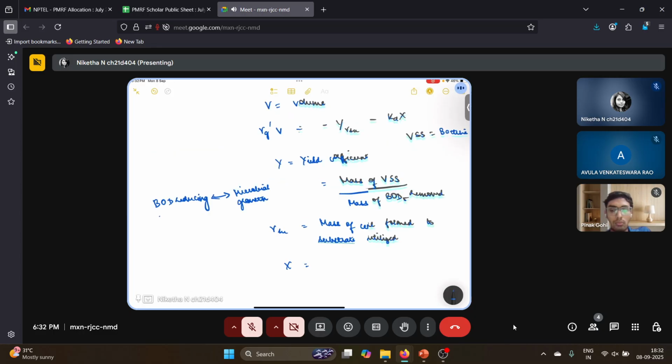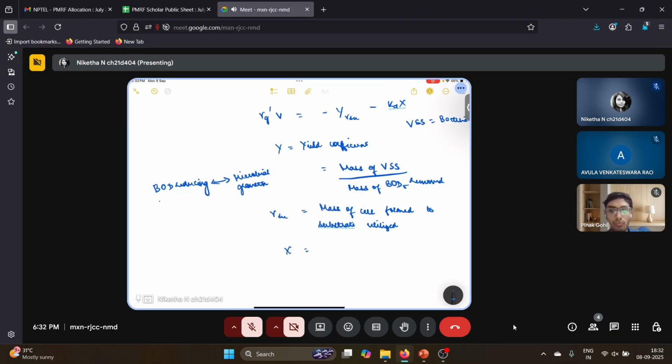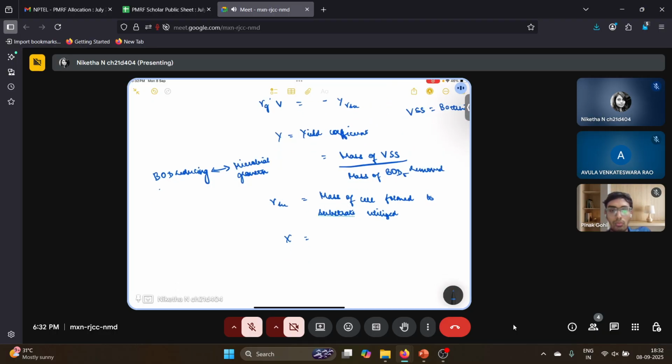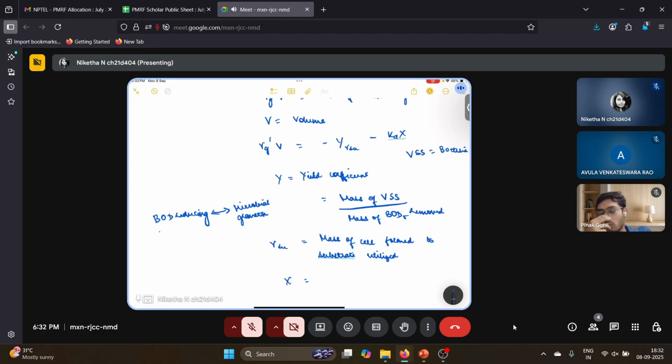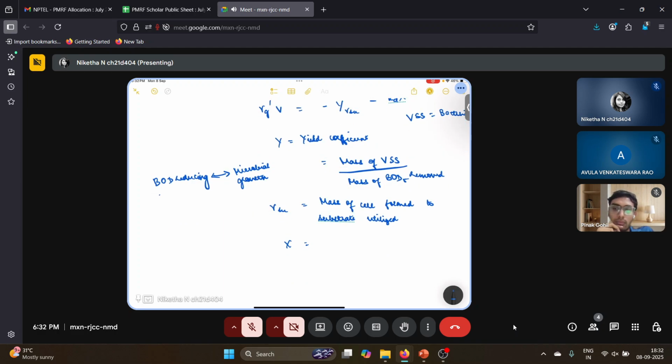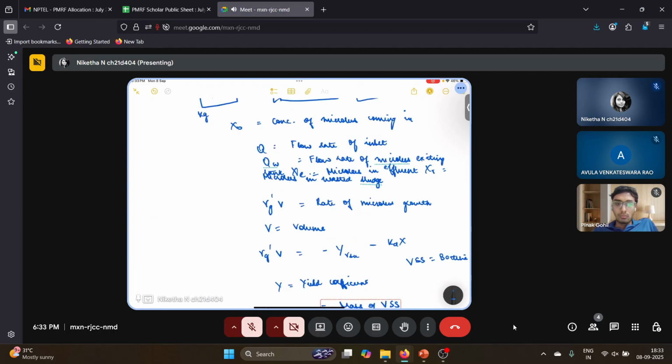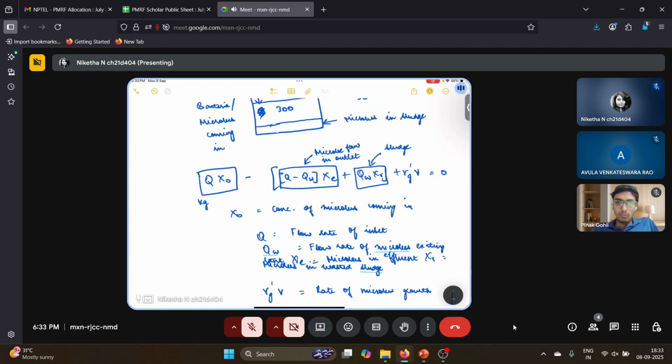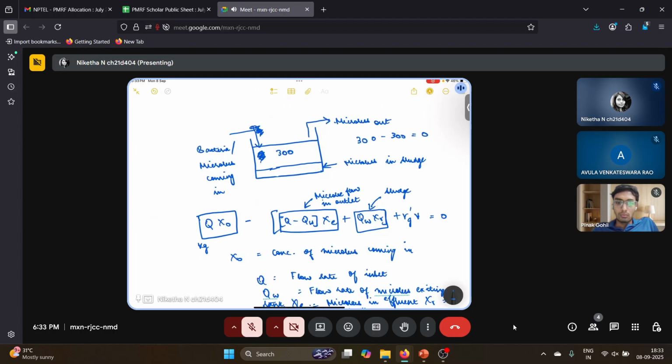And then X, which is coming here. Y and RSU are the same term, so it's not a multiplication of Y with RSU. X is the concentration of microbial mass. Okay, is it clear, whatever I explained so far?